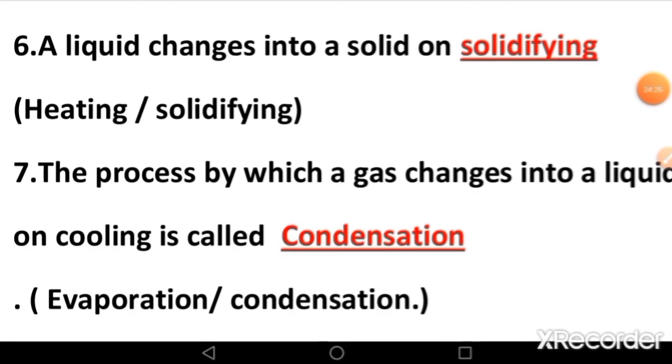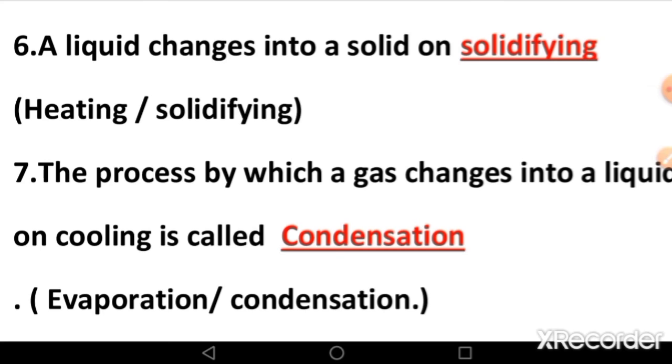Sixth fill in the blank. A liquid changes into a solid on dash. Options are heating and solidifying. Through heating, we can change solid into a liquid, but through solidifying, we can change a liquid into a solid.